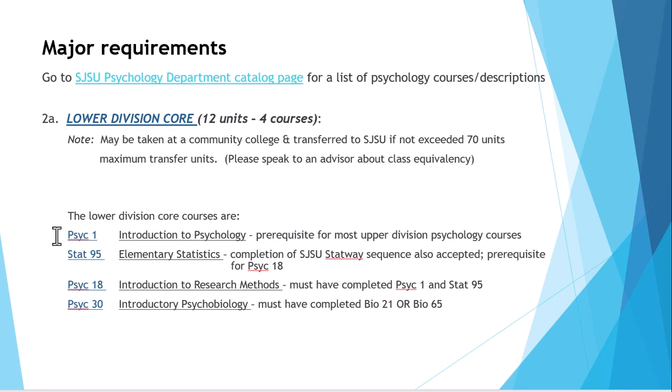So those are the lower division courses. And again, because they're lower division, that means they're courses that are numbered below 100. You may take any of these at a community college and transfer them into San Jose State. Just make sure that you send your official transcripts from your community college showing that you've completed and earned passing grades in these classes, so that you can get credit for completing those requirements.